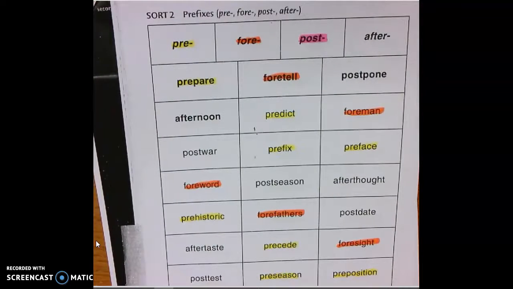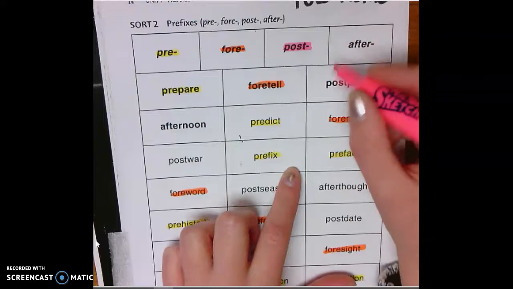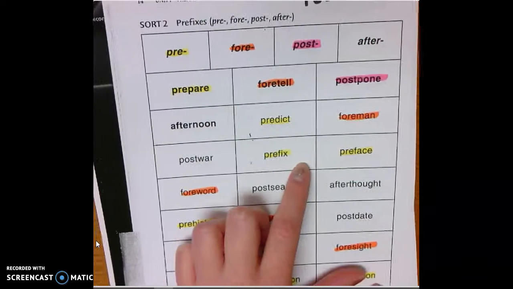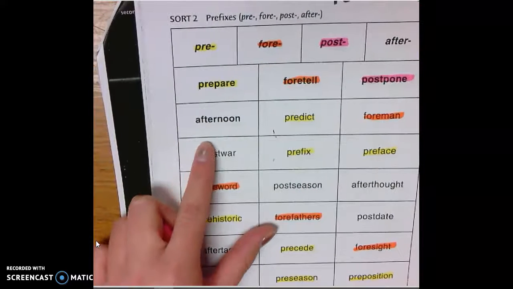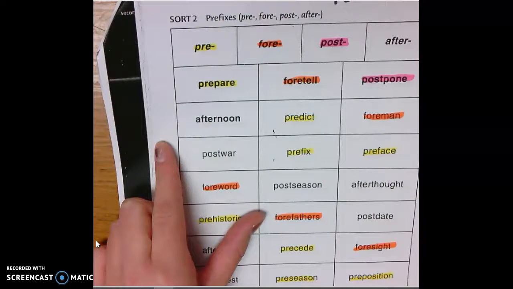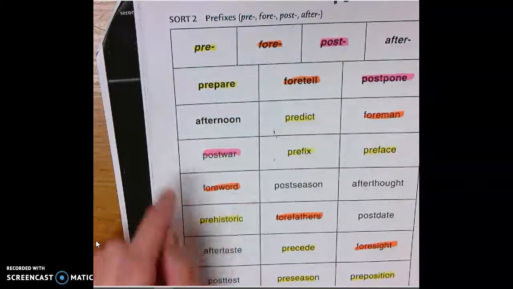So let's look at this word postpone. When you postpone something, you delay it to a later date. Okay? We also have post-war. If we take away the prefix and have the root word war, this means after the war.